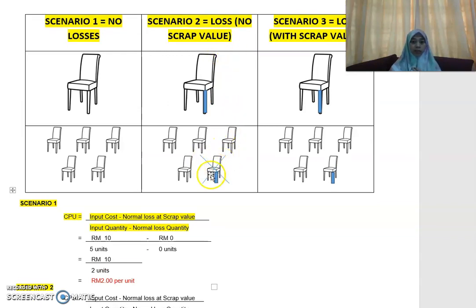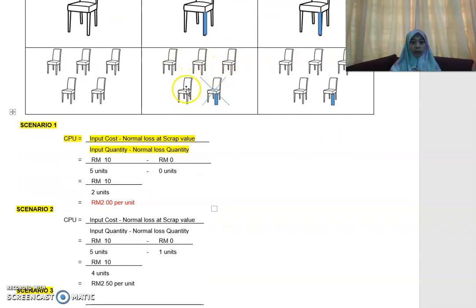So you cannot use this one chair, but that chair incurred cost. The cost of production is 10. So who's going to bear the cost of that loss? It will be borne by the remaining four good chairs, the four remaining good units.